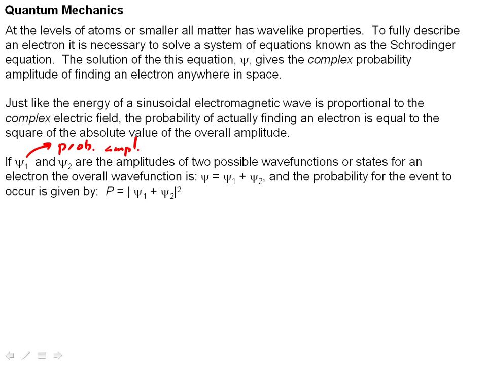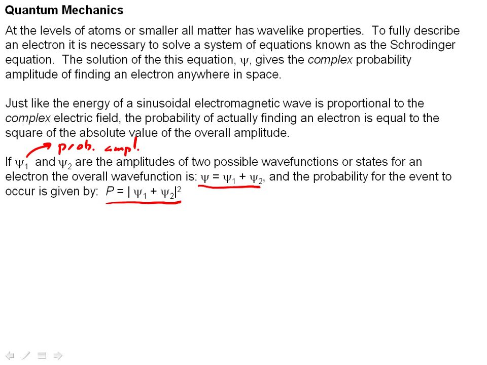And if there are two possible wave functions, two possible states, that's just two orbitals an electron can be in, two possible ways to put that electron, if you will, the overall wave function is simply the sum of the two wave functions, and the probability then to find the electron, where capital P is a real probability, is simply the modulus squared of those two complex equations.